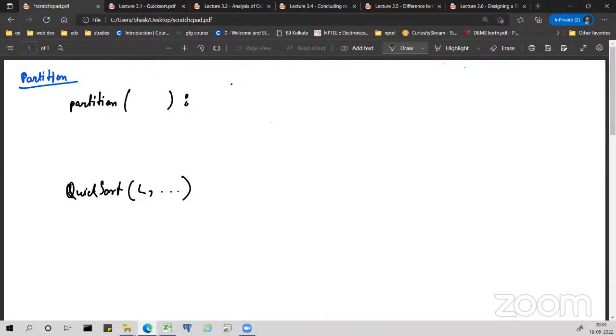The difference is, here also you would do the if check, whether beginning is less than end or not, right? That is basically whether you are inside the array or not. And then you call a function called partition. What that does, I would come to that later.